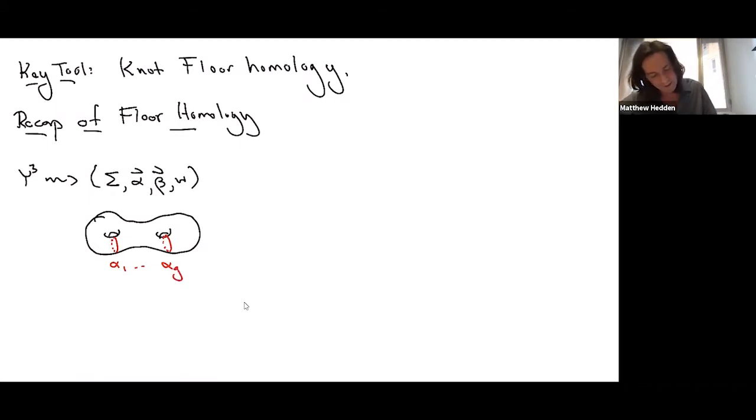And likewise, a collection of curves on the surface denoted beta 1 through beta G that specify disks in the other handlebody. And then there's also going to be a base point W in the complement of those curves.